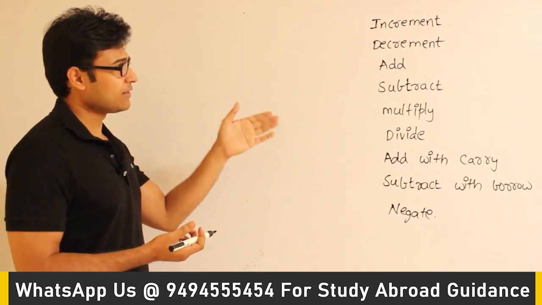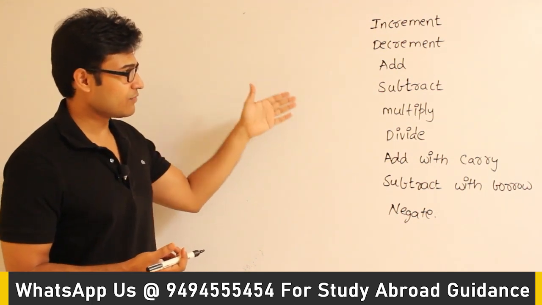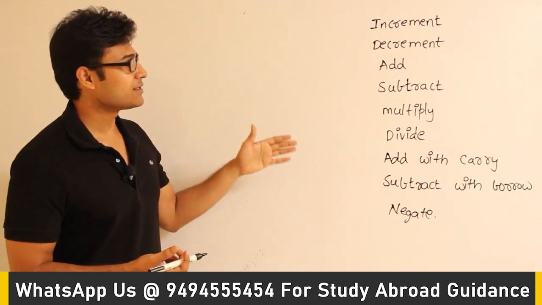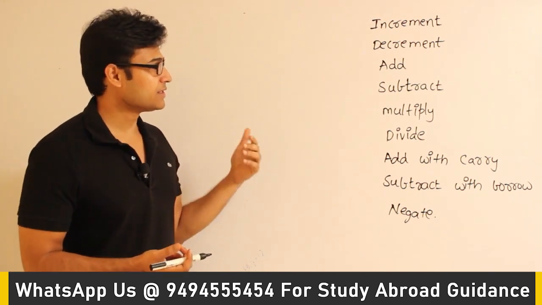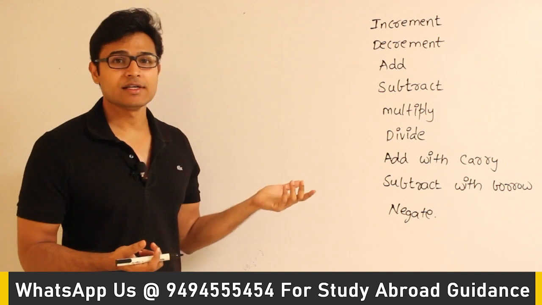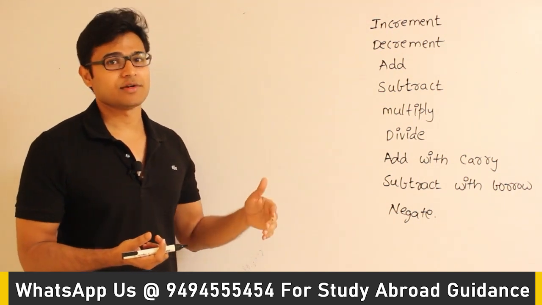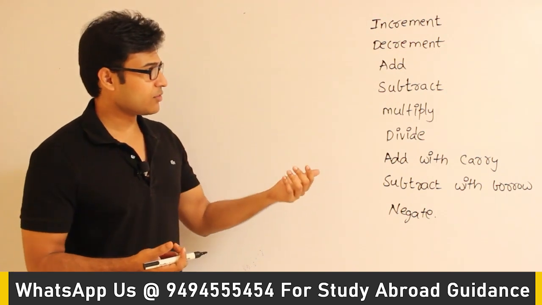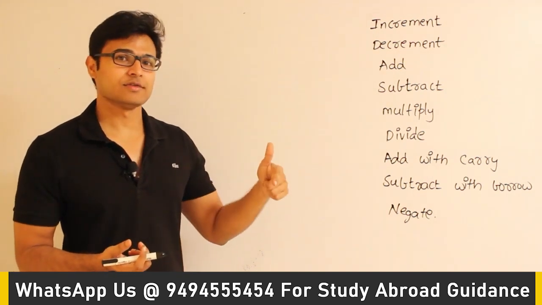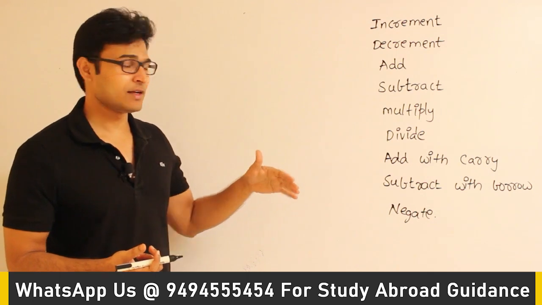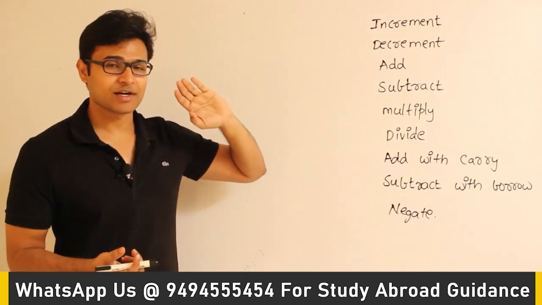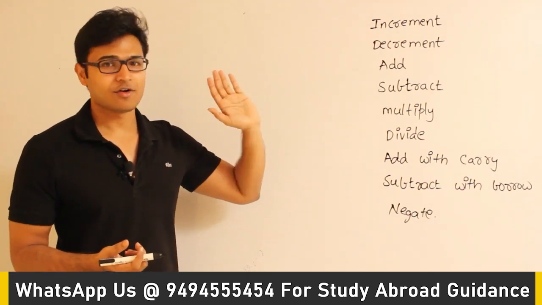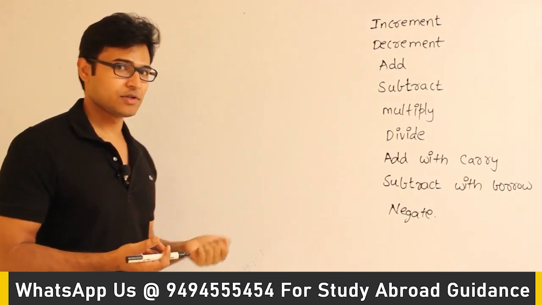Therefore, even though I am saying that they are simply one instruction, there are various steps involved, and all those steps are generally called micro operations or micro instructions. Later, when I am discussing the design, we will again get into those. So for now, even though I am saying it is simply one instruction, it is not actually one instruction. It involves a lot of phases. We shall get into that slowly.